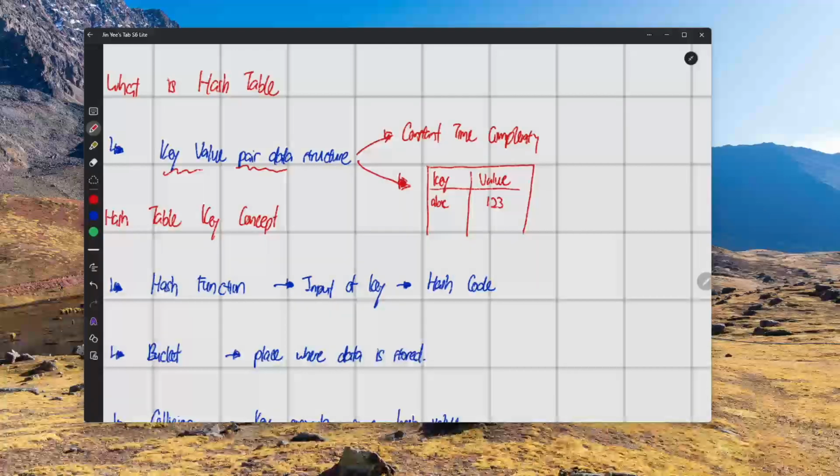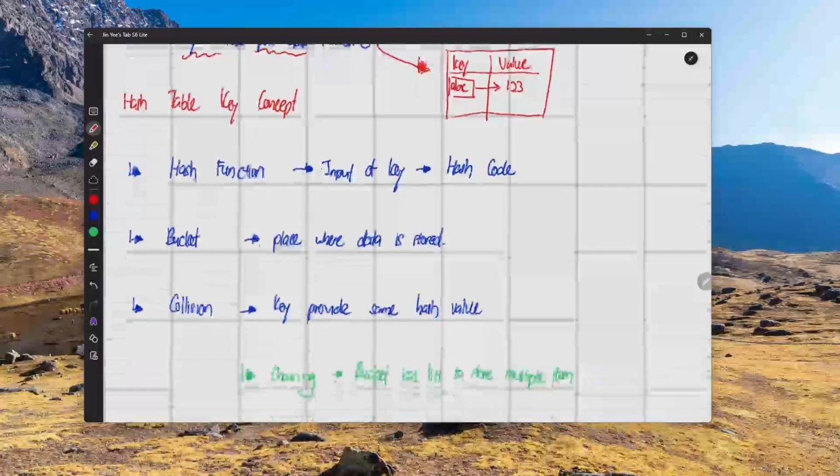So every time you have the key, you're able to access the data in a constant time manner. This is what is called a key value pair data structure.